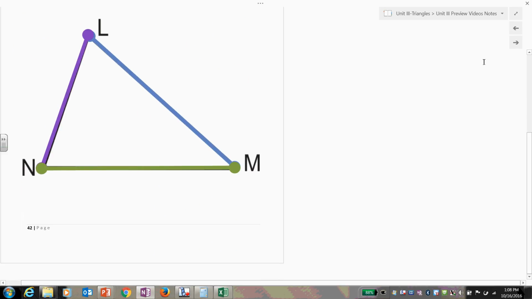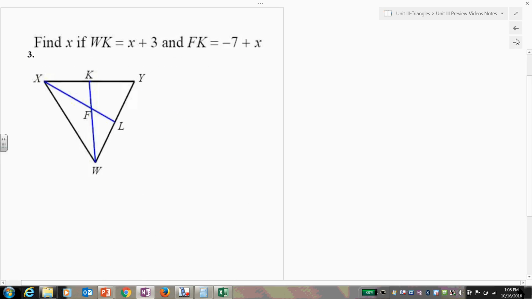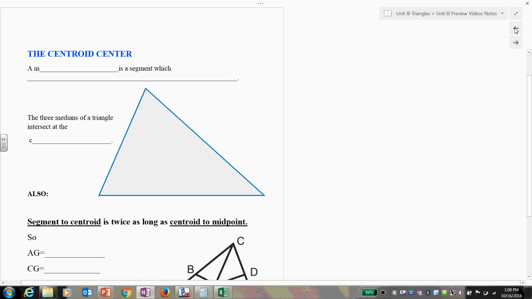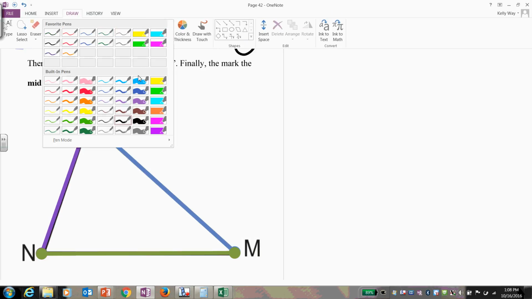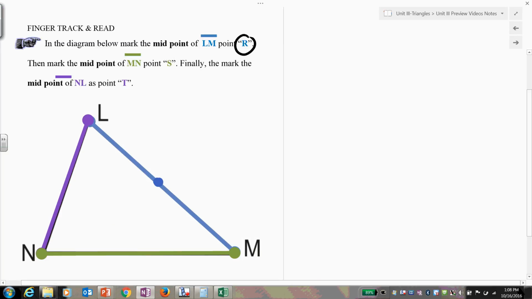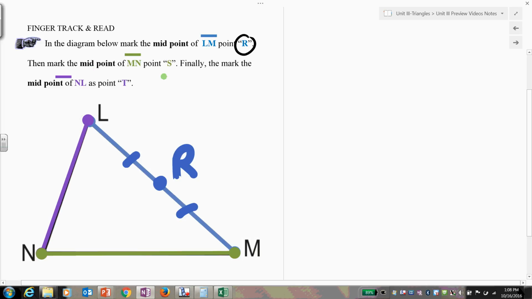Now there's a specific quality about the centroid that we're going to go over here. A specific quality about the centroid. Ready? We're going to mark the midpoint of LM, point R. The first thing we're going to do, LM, eyeball what looks like the middle, hatch mark, that's point R. Now we're going to mark the midpoint of MN, S. So eyeball the middle, hatch marks, it's a midpoint.